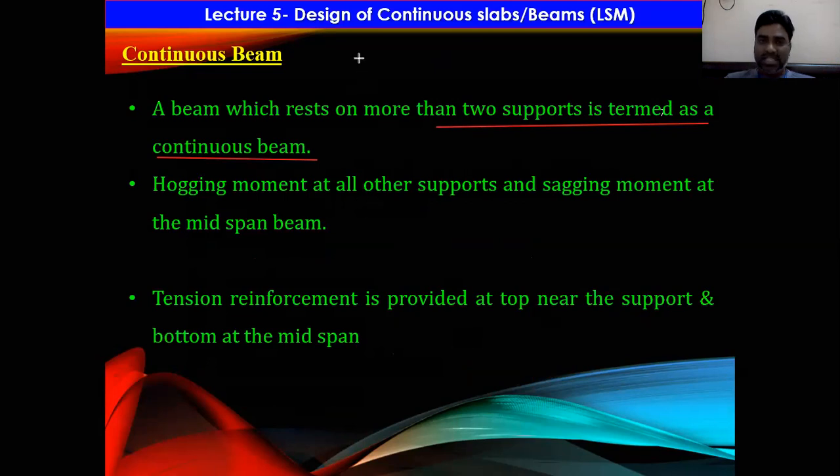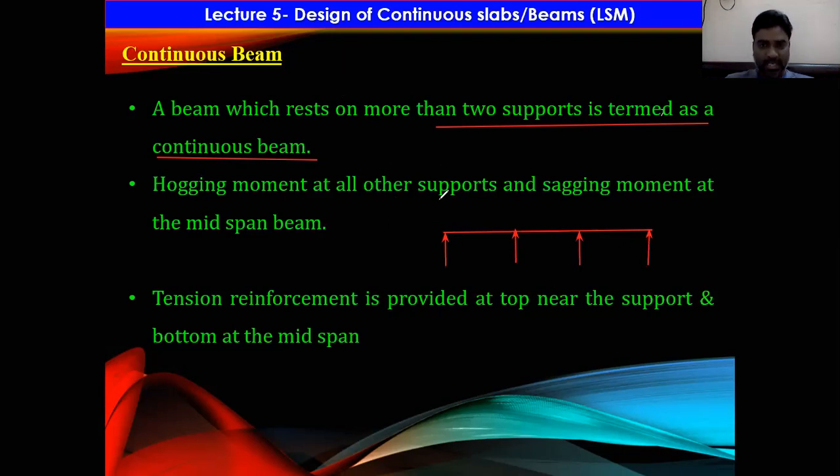Due to this, the bending moment developed within the beam is different as compared to simply supported or cantilever. I would like to show a small bending moment diagram. I think you already know this from your theory of structures, right? The continuous beam bending moment diagram.